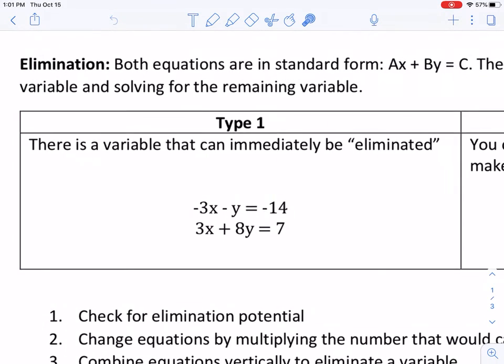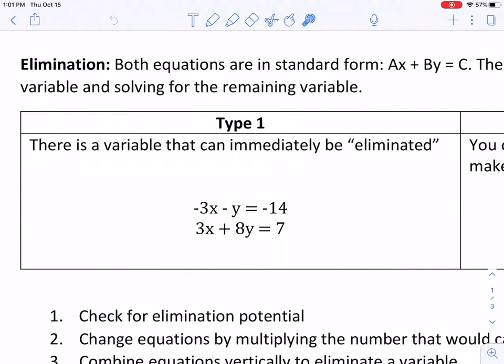So there are two types here. The first type is a variable that can be immediately eliminated. So if we're comparing these two problems, my top problem and my bottom problem, what I'm looking for is two terms, either the x's or the y's, with the same exact number but opposite signs. So right here I have a negative 3x and a positive 3x.